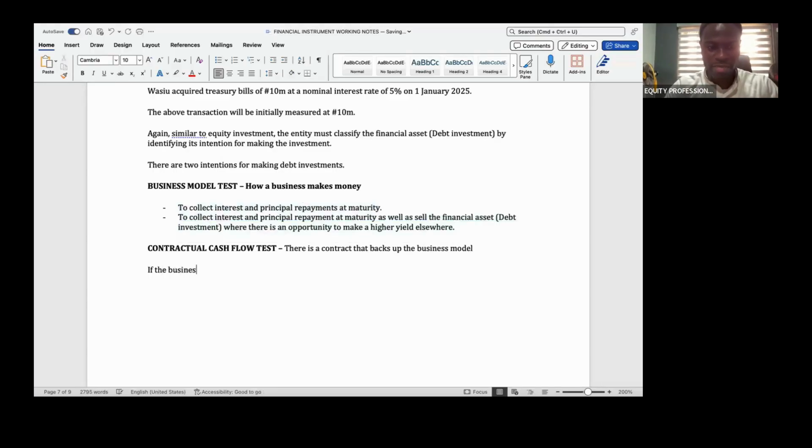So if the business model is to collect solely interest and principal repayments, the financial assets, in this case, the debt investments, will be classified at amortized cost.